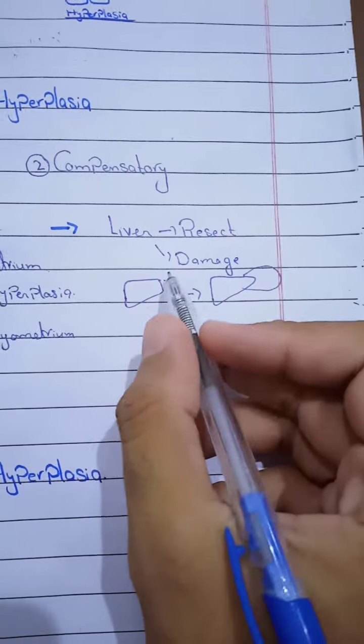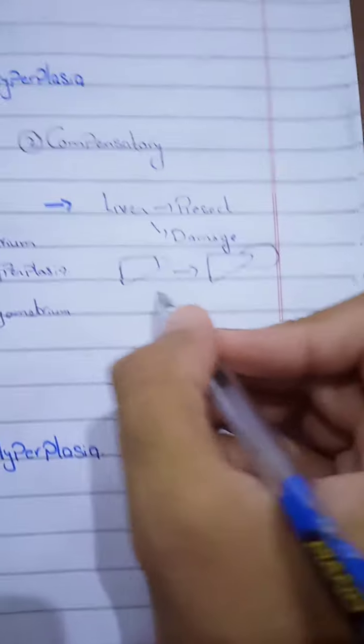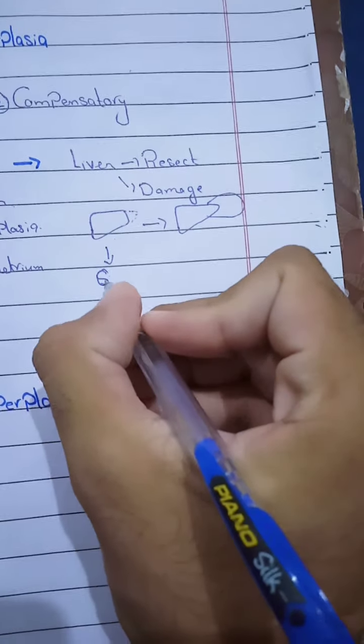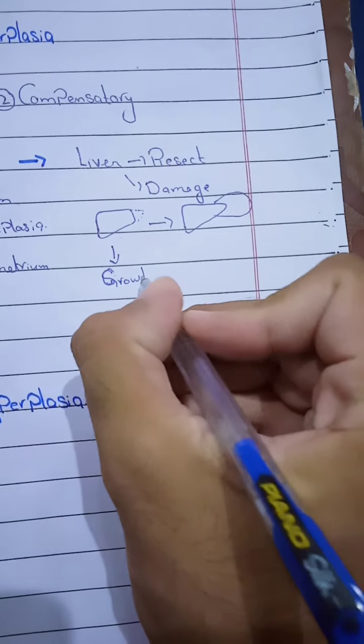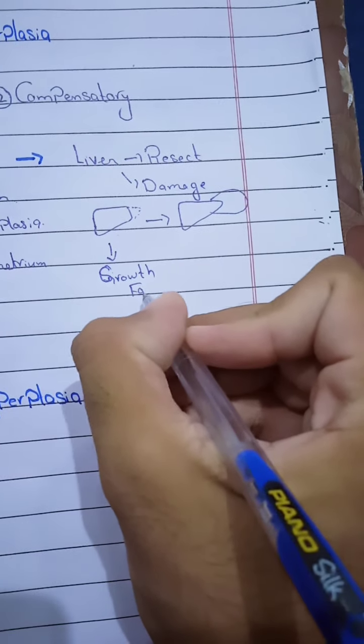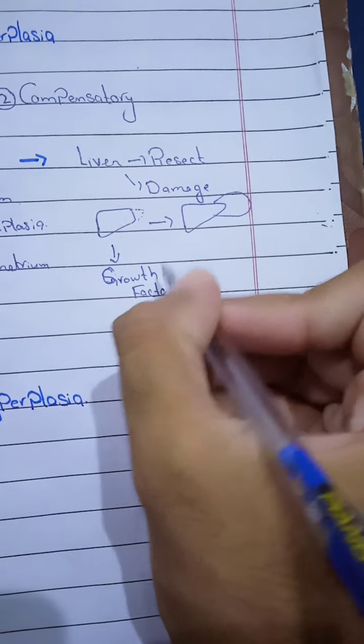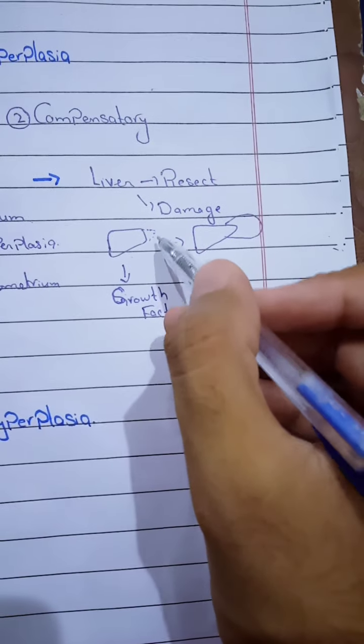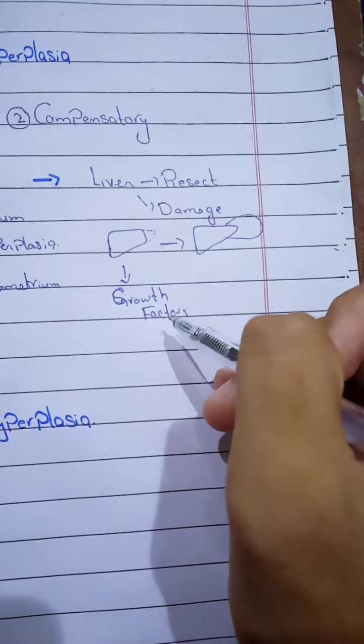For example, I cut the liver and the liver now starts to release growth factors. Why does the liver release them? Because I cut this section and the liver wants to make it again, so it releases growth factors.